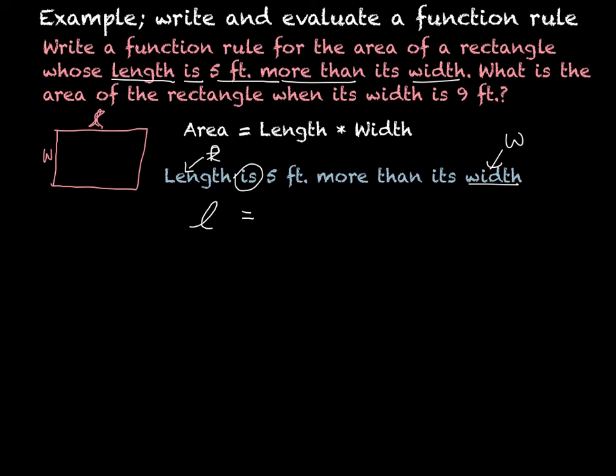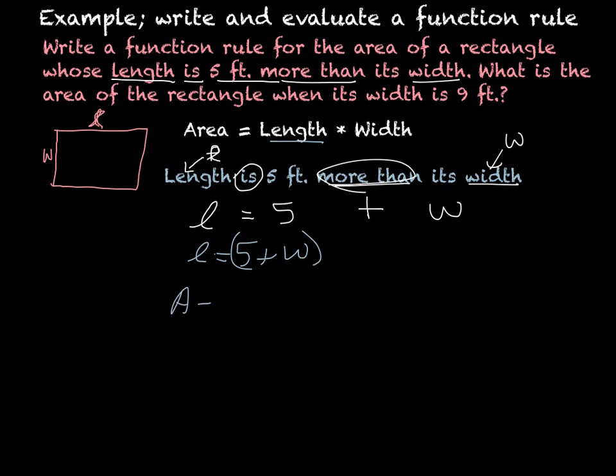So I have the length is 5 feet more than, that means plus, its width, W. So L equals 5 plus W, and now I can put my length in right there.